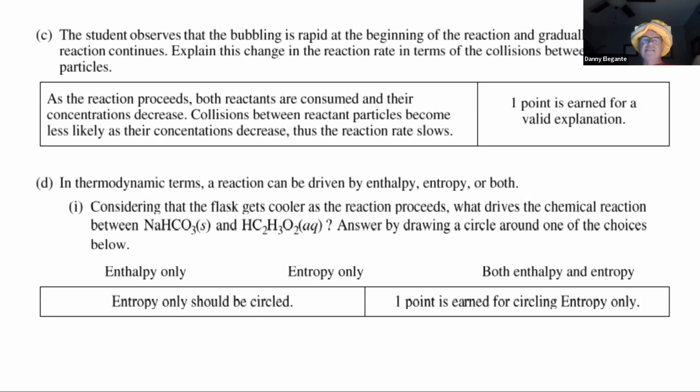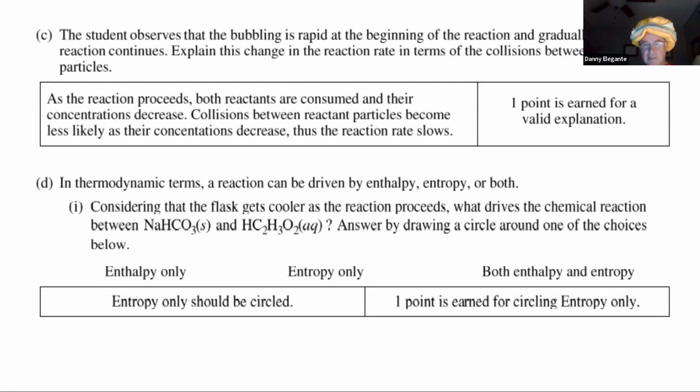Consider that the flask gets cooler. What drives the chemical reaction? You get 1 point for circling entropy. Now, let me just tell y'all. One of my students in 2016, when they answered this question, said that they missed this because they didn't circle anything. And I'm like, look, there's 2 possible ways to get this wrong automatically.